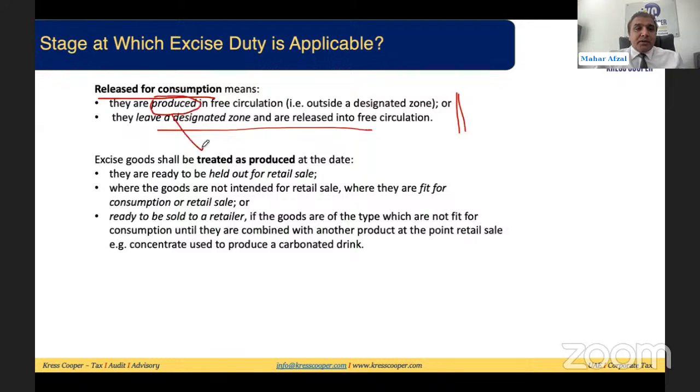If the manufacturer is producing excisable goods, it will be assumed the goods have been produced when they are ready to be held for retail sale. This is the first condition: ready to be held for retail sale.